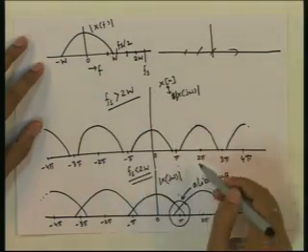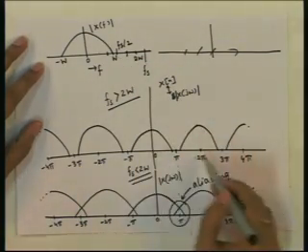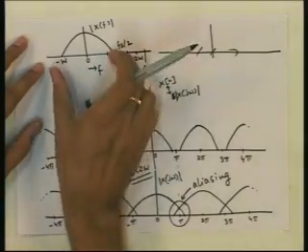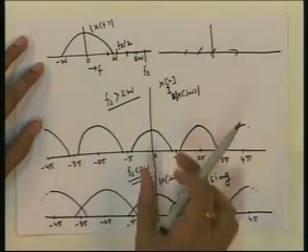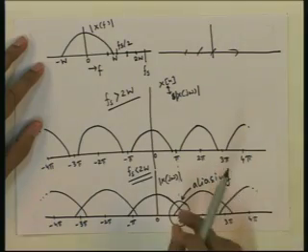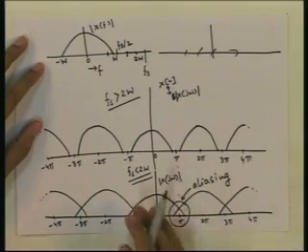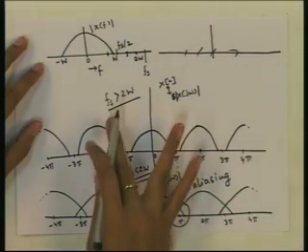If Fs is mapped to 2 pi, Fs by 2 will be mapped to pi and so on. So, we first scale the frequency here and then we repeat it every 2 pi. So, that is the DTFT of the sample signal.